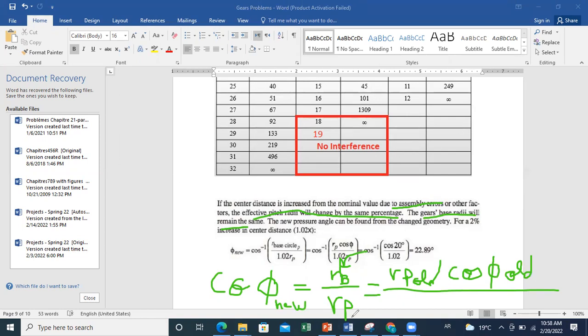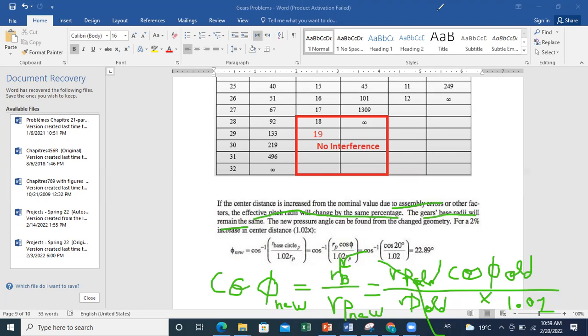So we can express RP new as RP old times 1.02. Then I can simplify RP old and RP old and say that phi new is cosine minus 1 of cosine 20 degrees, which is the old pressure angle, over 1.02.